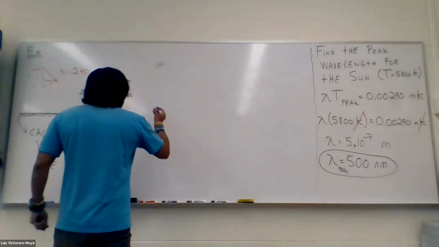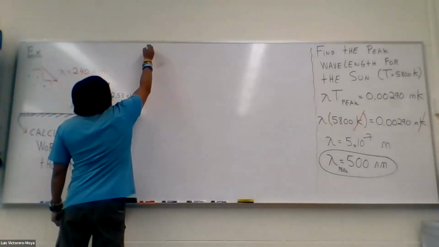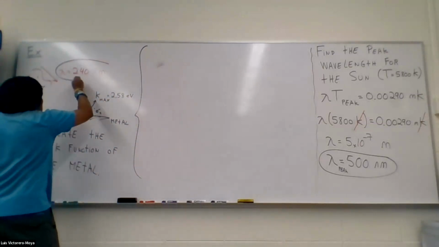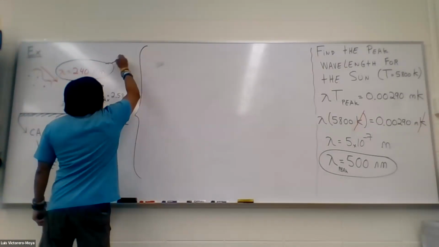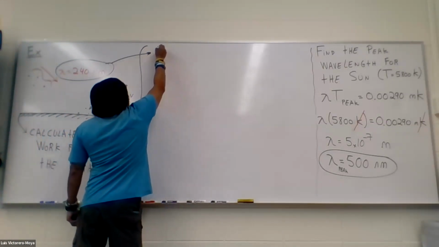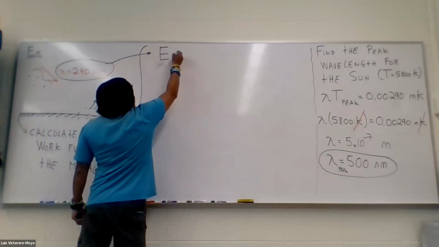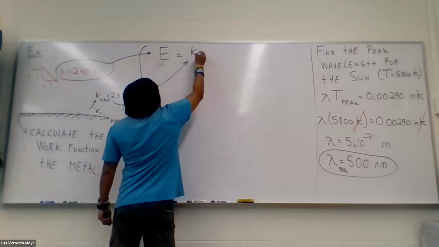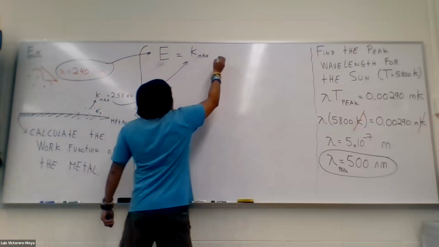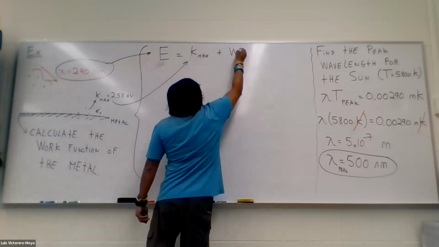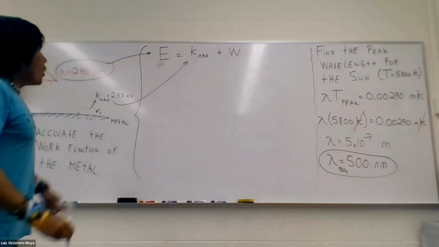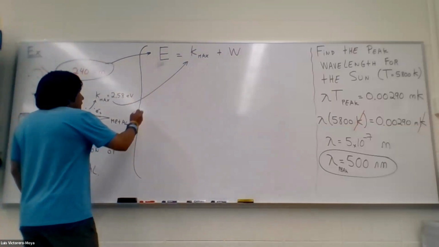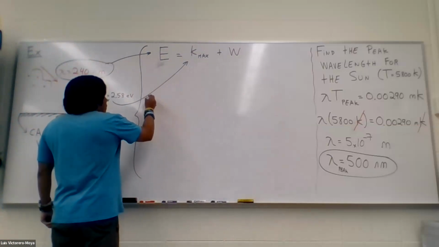So what you should do is find the energy of these photons. Remember, energy equals K max plus W. K max is already in electron volts. Let's find the energy in electron volts.